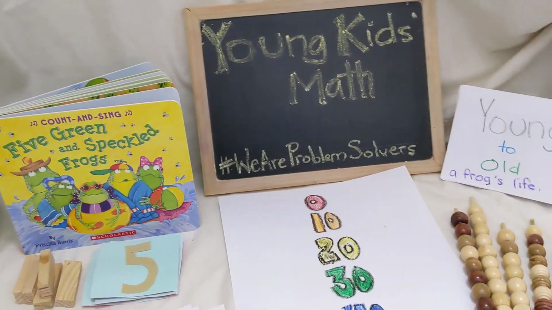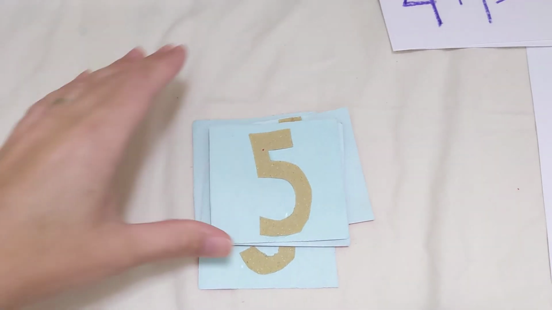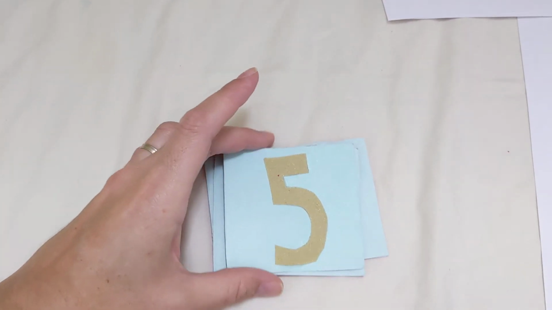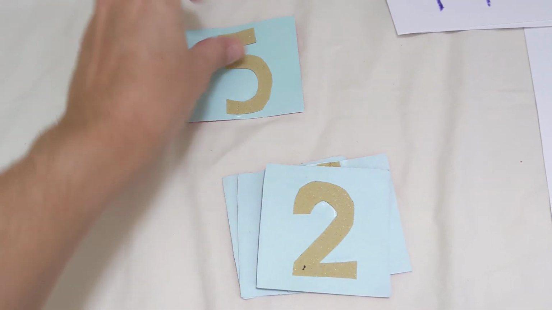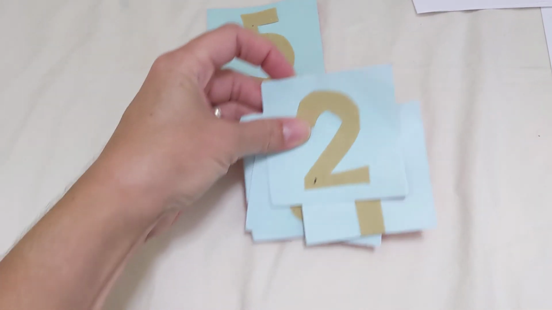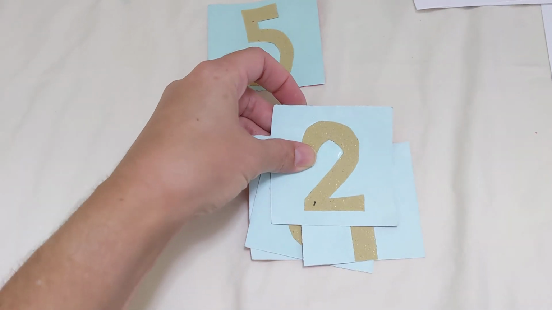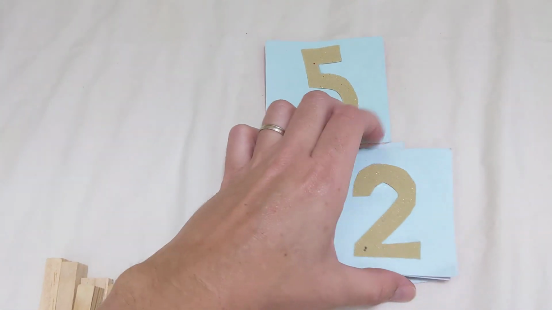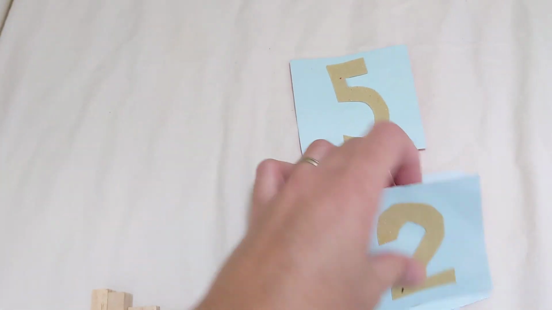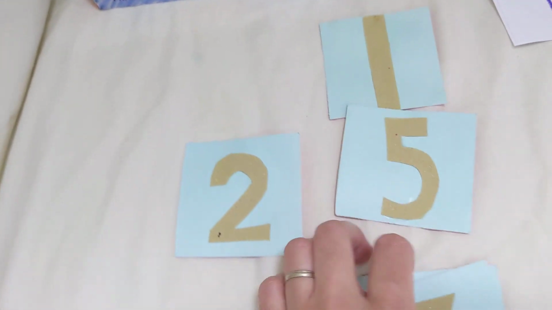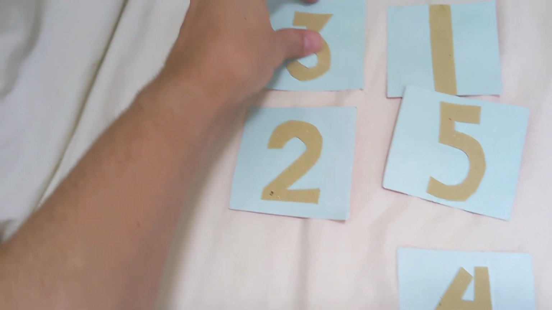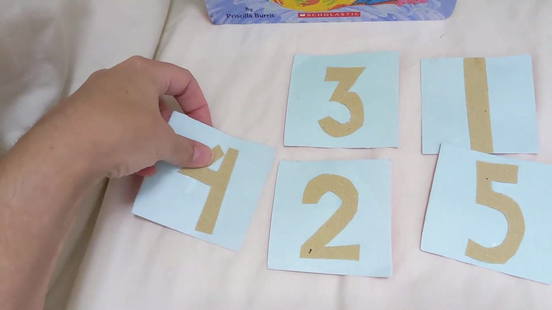Let's get hopping. Do you know how to count down from 5? 5. Oh, that's not right. We don't go from 5 to 2. Woo-hoo. 1, 3, 4.